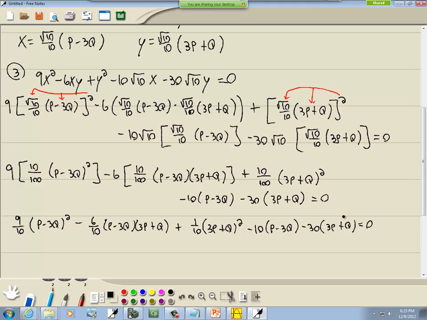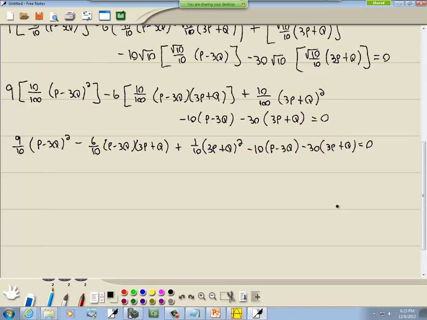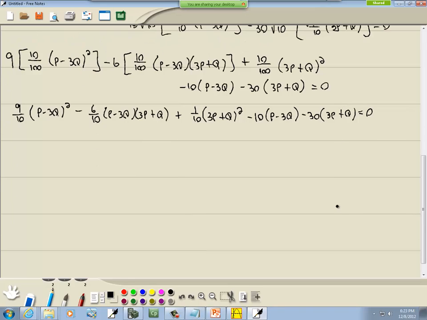Now let me find this on my sheet and double check my math. 9/10 minus 6/10. I kind of did this different on my sheet, but I think I can tell what I'm doing. Okay, now one thing I did do on my sheet, and I'm going to do it here, is I don't want to work with fractions. These are hard enough as is. Well, I'm going to multiply everything by 10.